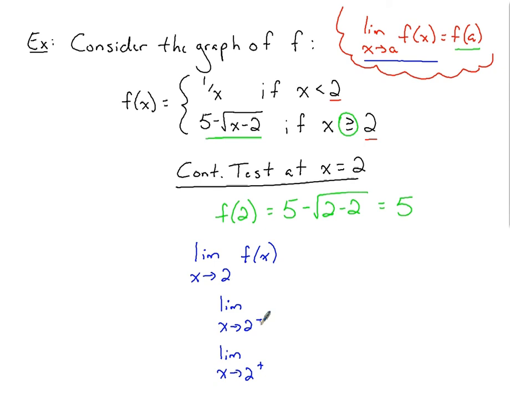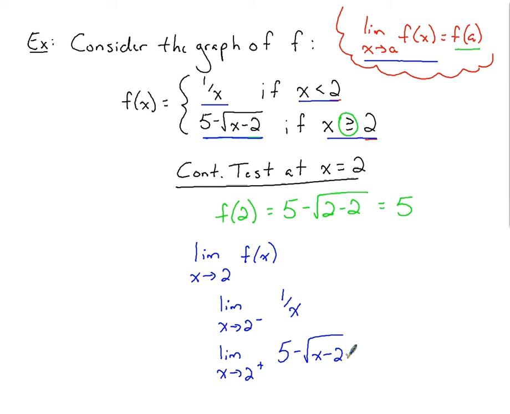From the left, we're talking about values that are less than 2. x is less than 2 when the function is 1 over x. So my left-hand limit, I'm going to apply to 1 over x. And for the right-hand limit, we're talking about values that are greater than 2. So that's this piece. I'm going to apply my right-hand limit to the second piece of the function, being 5 minus the square root of x minus 2.